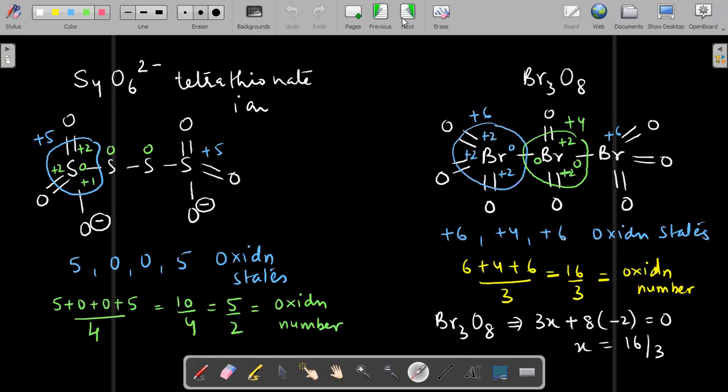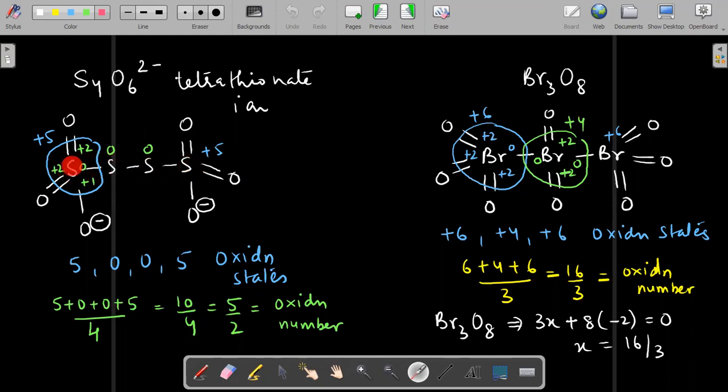Some more examples where you can compare the oxidation states and oxidation number. The oxidation number is coming out to be the average of the oxidation states. और ये देखो ऑक्सीडेशन स्टेट्स एंड ऑक्सीडेशन नंबर में जो ये डिफरेंस आता है वैल्यूज में, ये कब होगा? व्हेन यू हैव more than one atoms present in more than one state and more than one number. जैसे यहाँ देखो, in first case I am having 4 sulfur atoms, है ना.